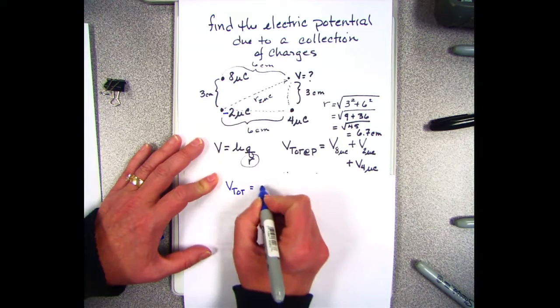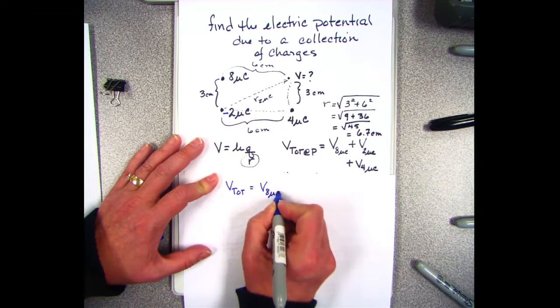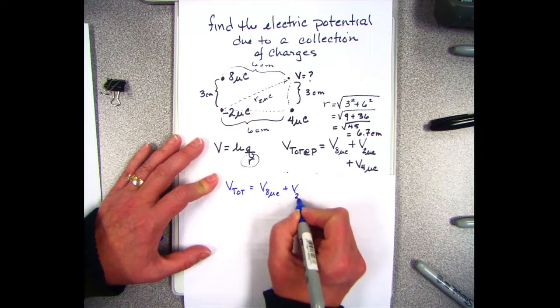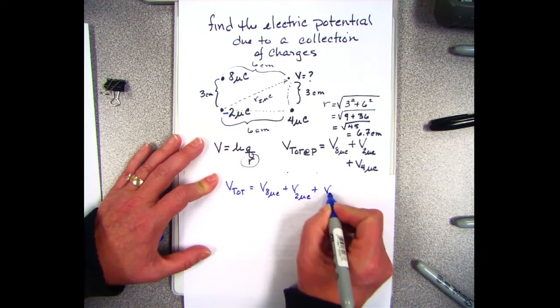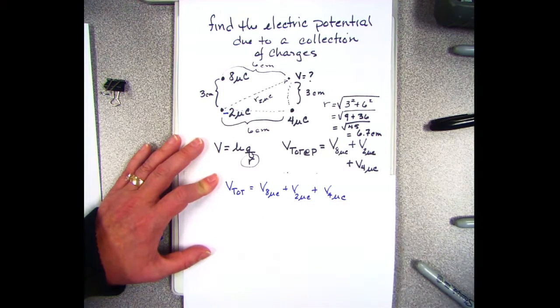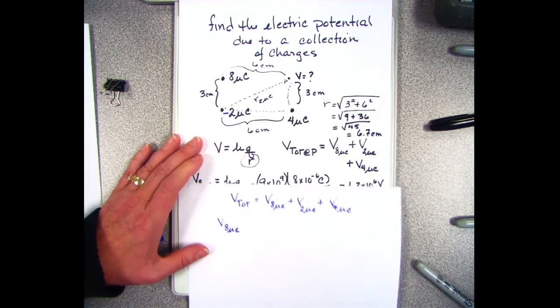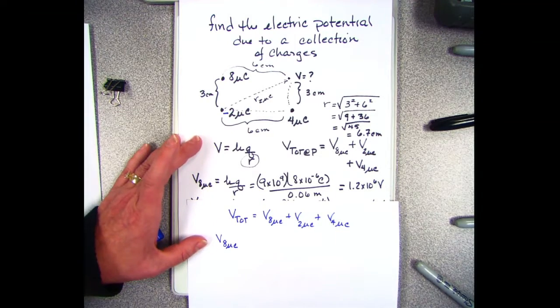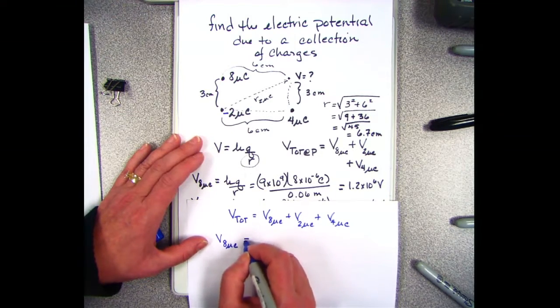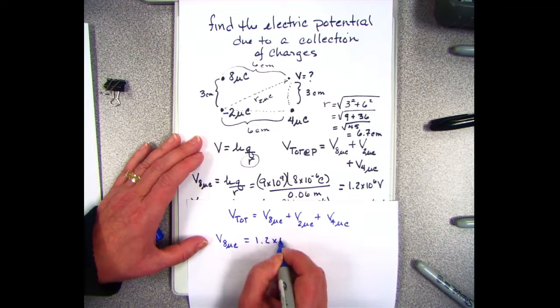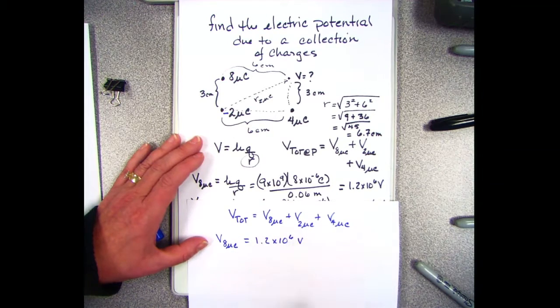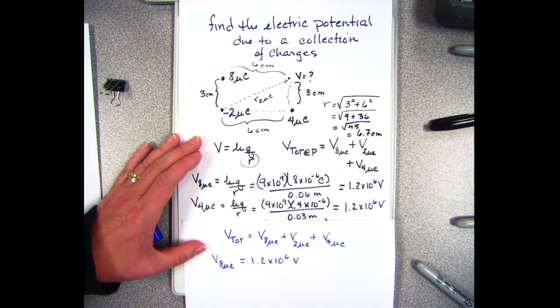My values are the same for the 8 microcoulombs, we didn't change anything there, so that's going to equal 1.2 times 10 to the 6th volts. I didn't change anything for the 4 microcoulombs either, so that is equal to 1.2 times 10 to the 6th volts.